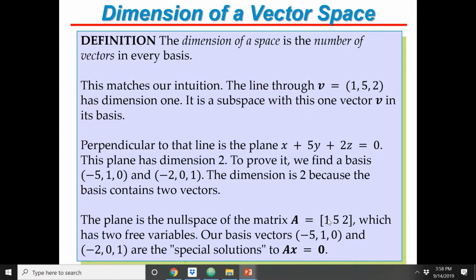This matrix has only one pivot column and two free variables, and immediately you can read the basis for the null space as minus 5, 1, 0, and minus 2, 0, 1. Remember, we changed the signs on 5 and 2, and we put the free variables to 1, 0 and 0, 1 values to get the non-zero solutions to the null space problem.